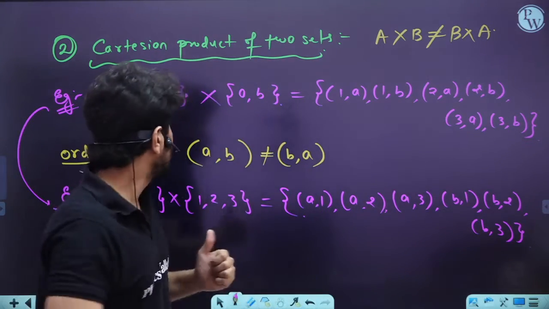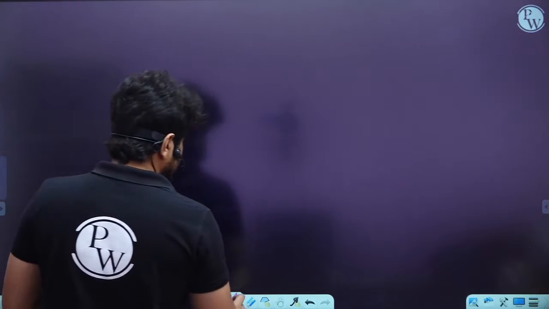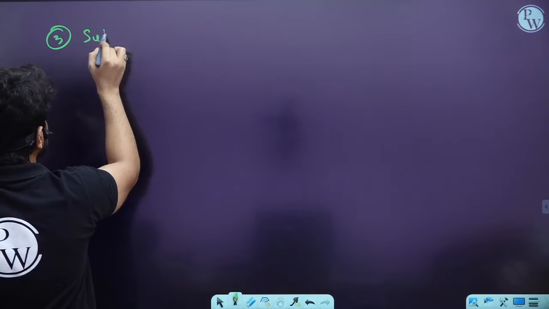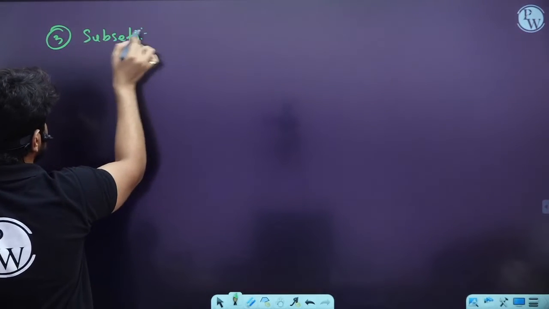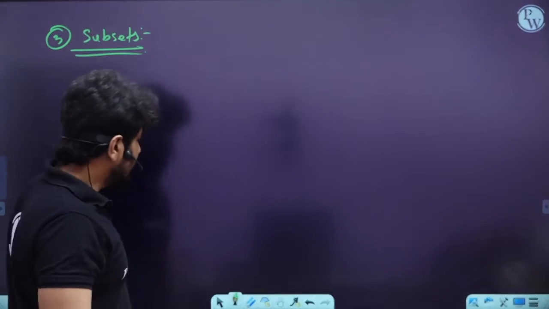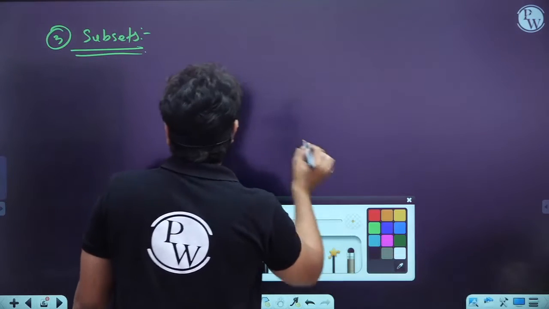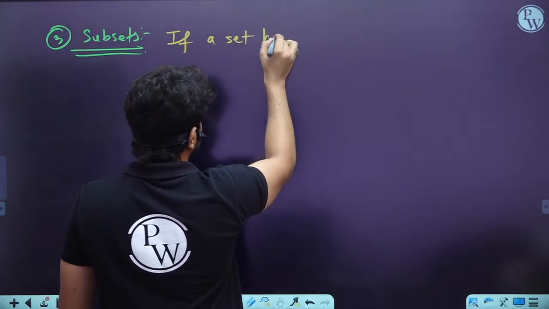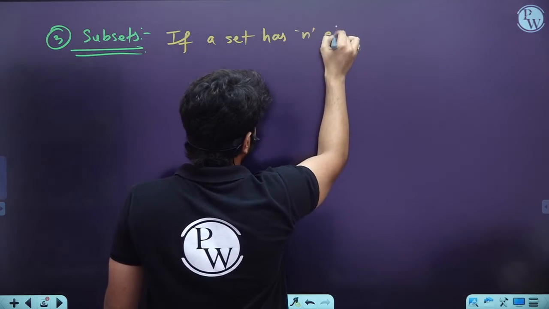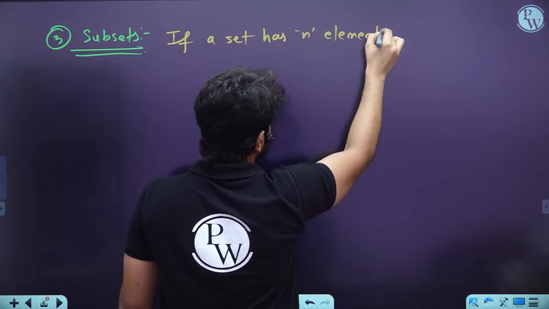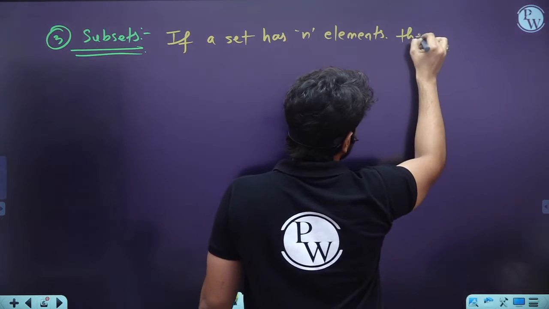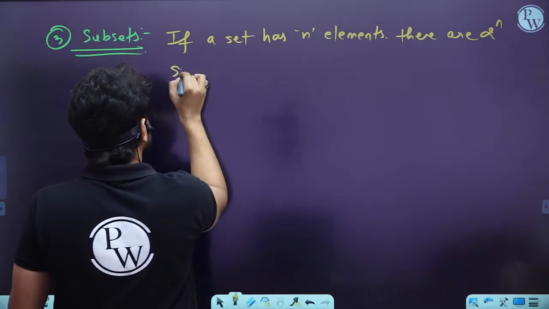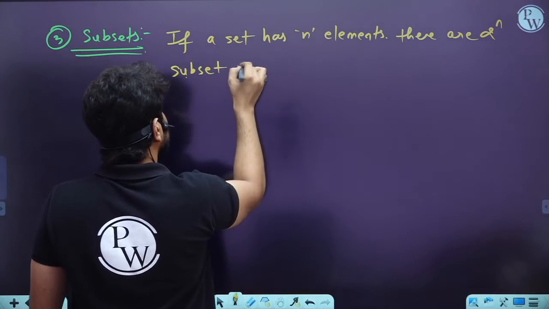Now, I hope you remember what subsets are and how many subsets there are. This is the third thing that you need to remember. If a set has n elements, there are 2 raised to the power n subsets of it.